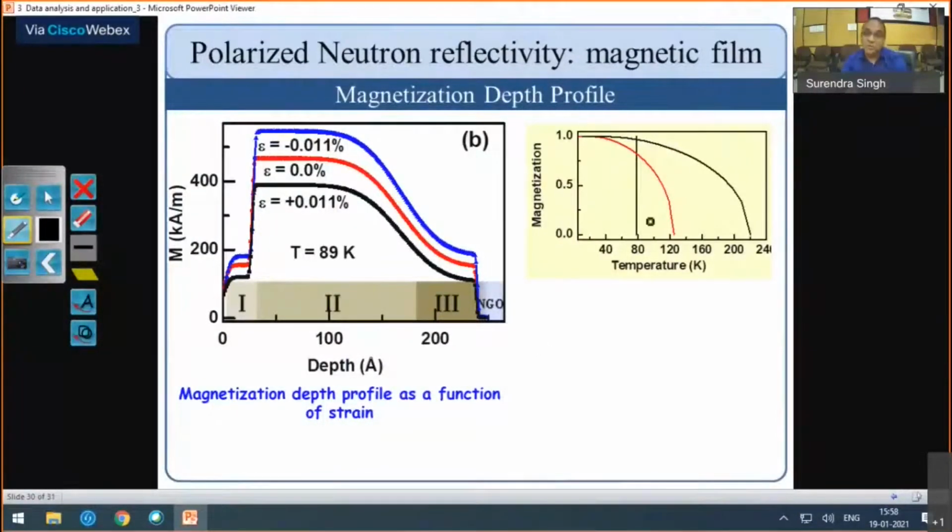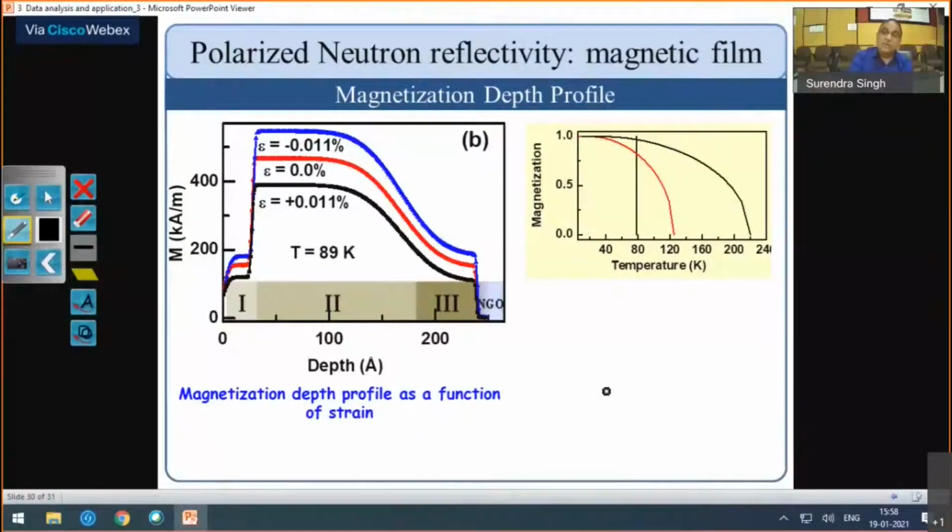And you know, at a fixed temperature, when there is a change in magnetization versus temperature, for any ferromagnetic material you get this kind of curve. So if at a particular temperature the magnetization is increasing, what does it say? It says there will definitely be a change in the TC for that material. The same thing we are getting when we apply a compressive strain: our magnetization has gone from here to here.